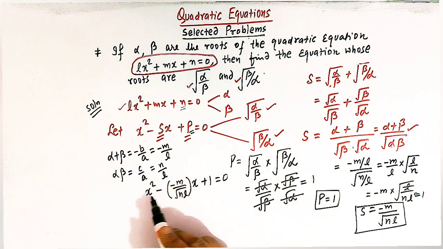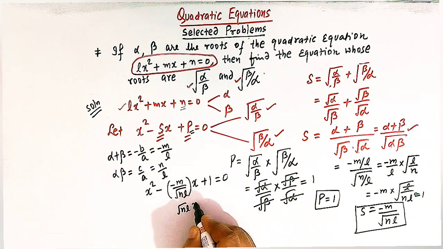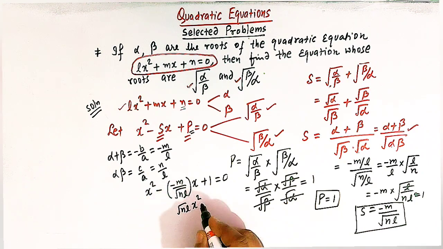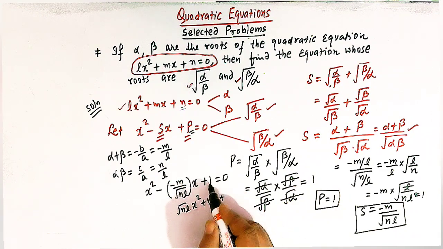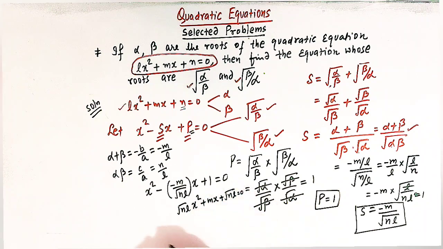Now multiplying throughout by square root of n times l, we have square root of n l times x square, minus and minus multiplied together becomes plus, so we have plus mx, and here we have 1 times square root of n times l, and this is equal to 0.